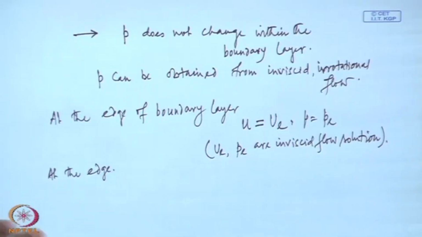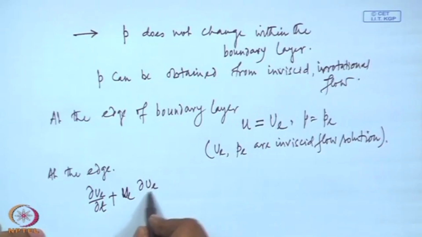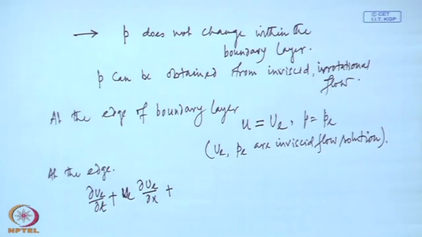The first term is du_e/dt, the second term is u_e du_e/dx, and the third term: what is V_e? V_e is 0, so the third term is 0.